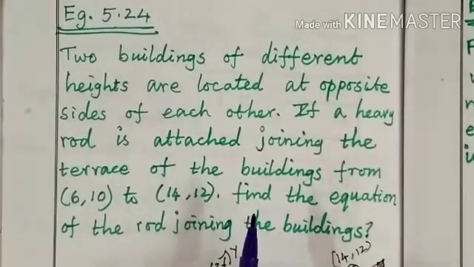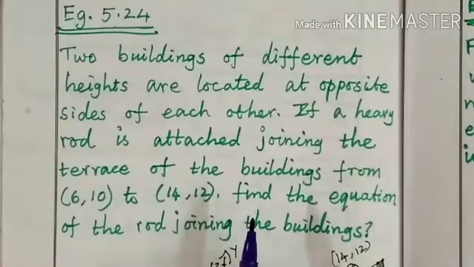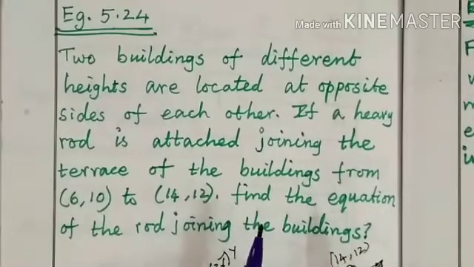In this question, 2 points are given. By using these points, we have to find the equation of the straight line. Then we have to apply the 2-point form, that is y minus y1 by y2 minus y1 is equal to x minus x1 by x2 minus x1.